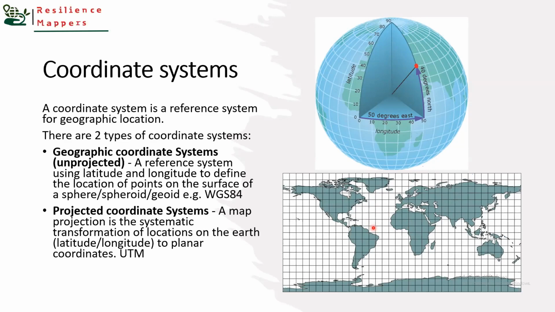One example of a geographic coordinate system is what is commonly known as WGS84. I think we've had that one.